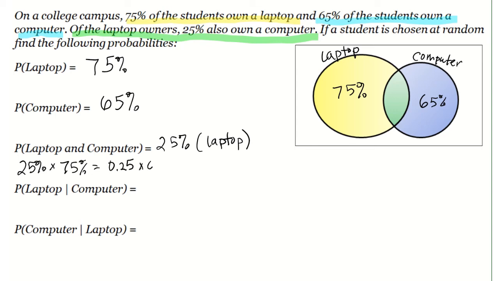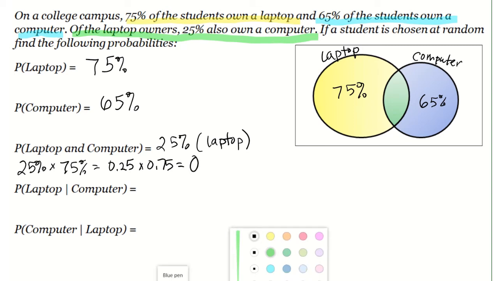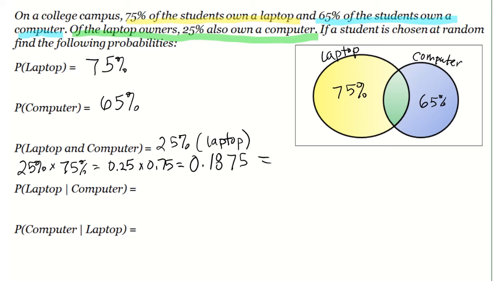So that's going to be 0.25 times 0.75. And that's going to give me 0.1875, which is 18.75%.